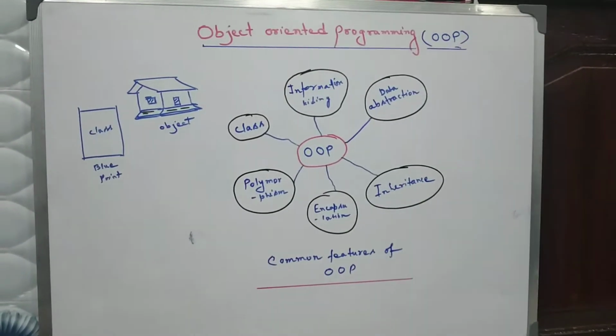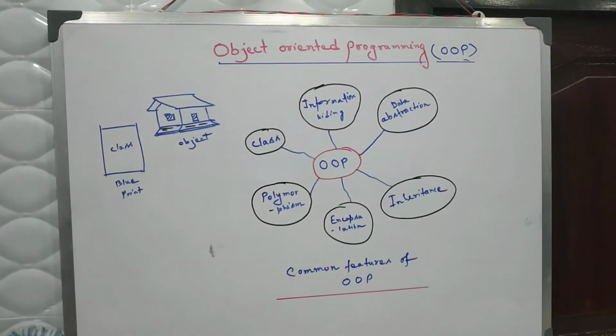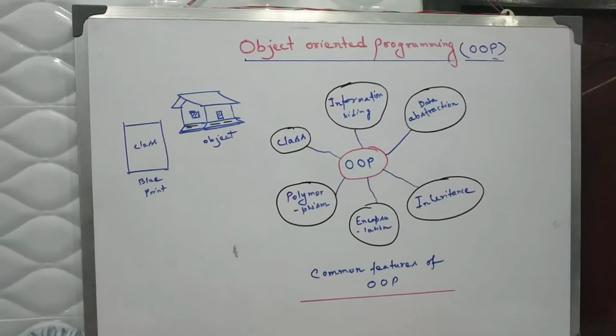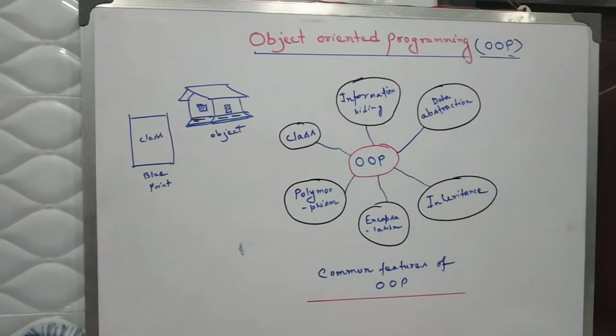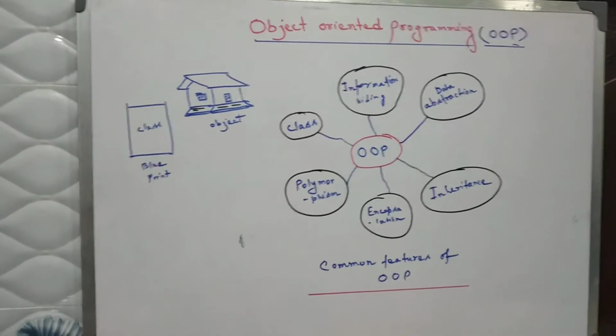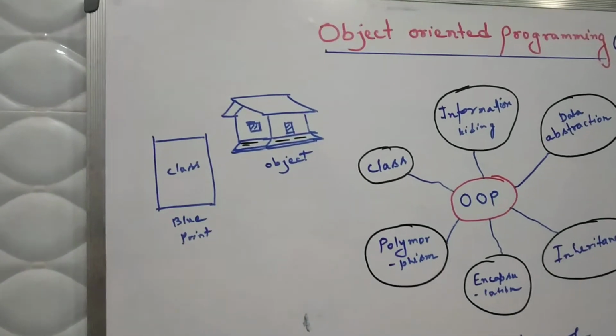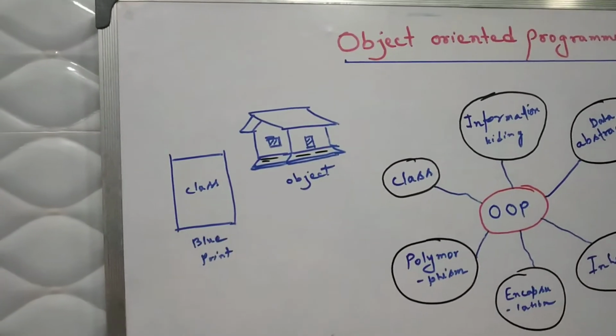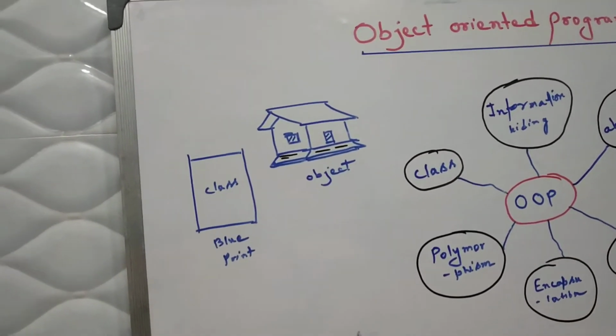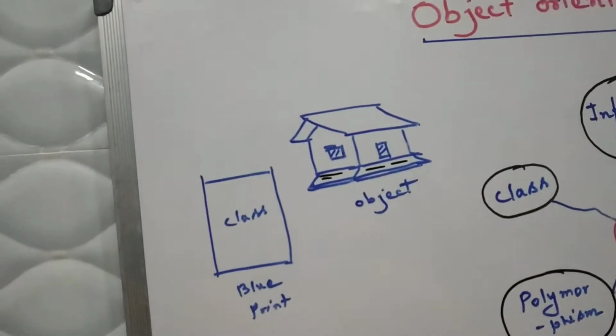First, to do programming in object-oriented programming languages, one must understand what is class and what is object. Class is the blueprint of an object. That means object is something which has real existence. Suppose you can see a cottage.